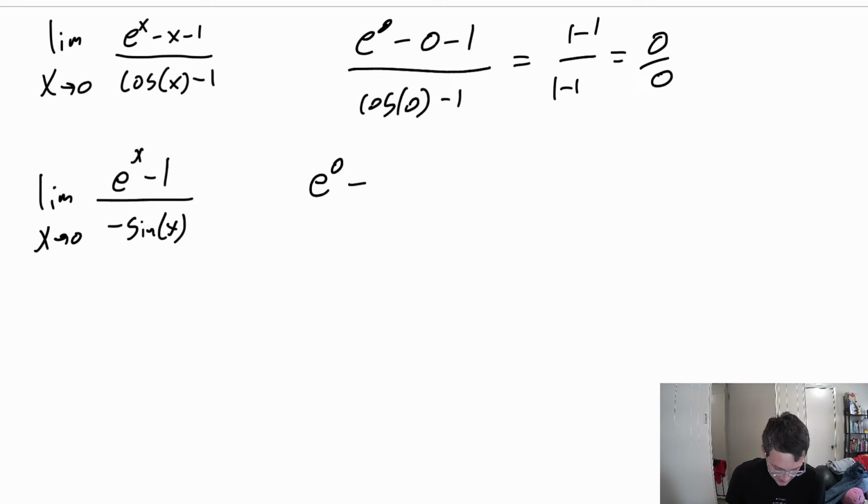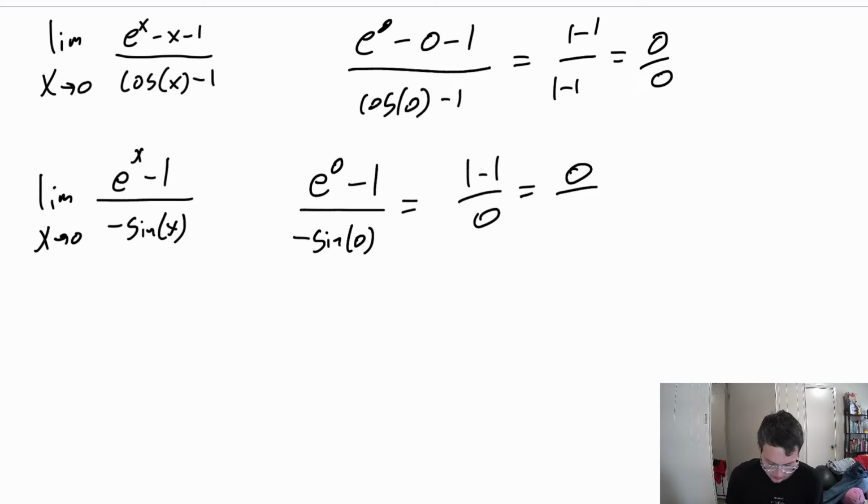We get e to the 0 minus 1 over minus sine 0. That's 1 minus 1 over 0, which is 0 over 0. And we are indeterminate yet again. But because we are in a 0 over 0 form, that means we can apply L'Hopital's rule again. We can take the derivative of the top and bottom again.